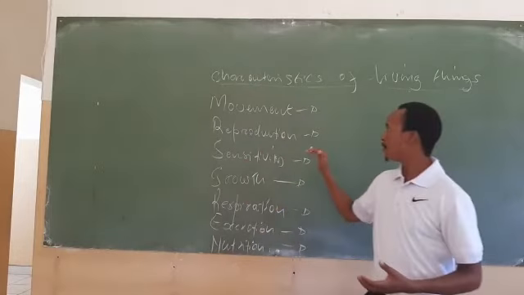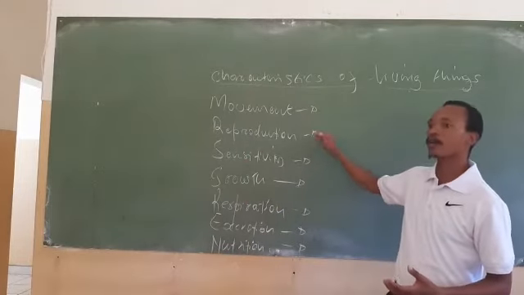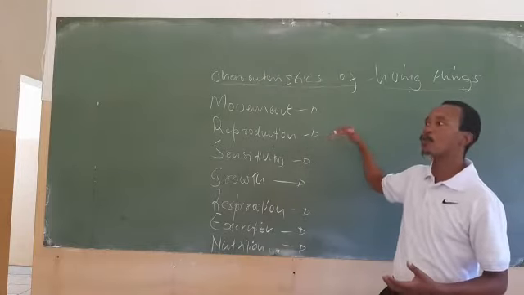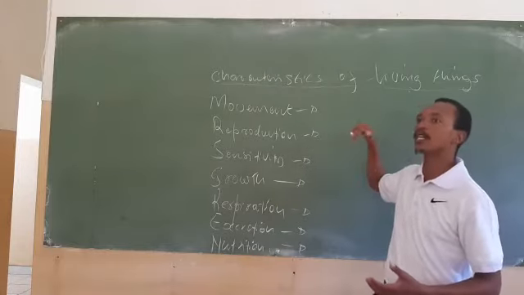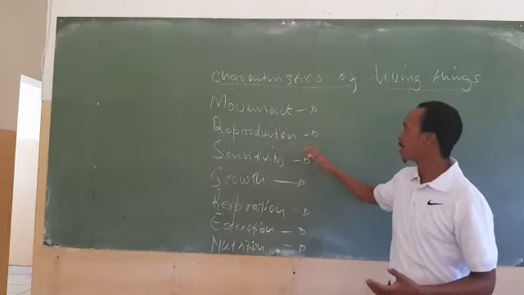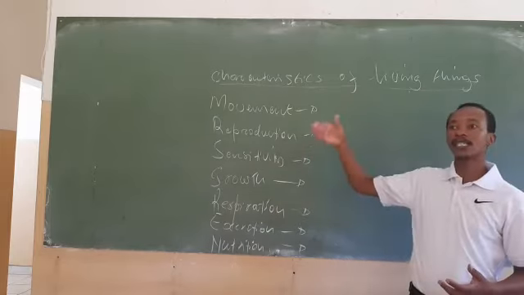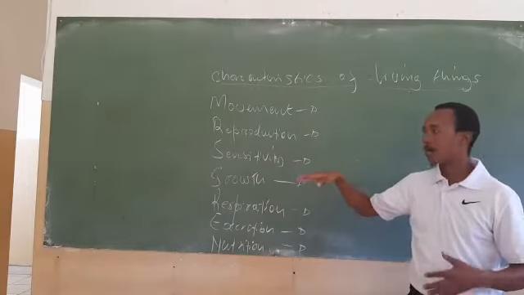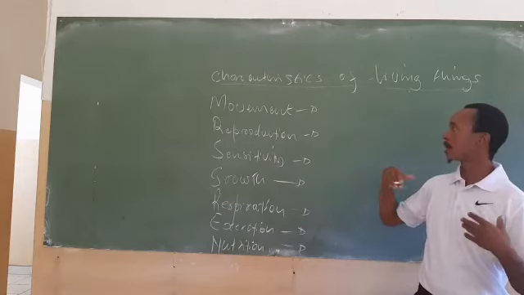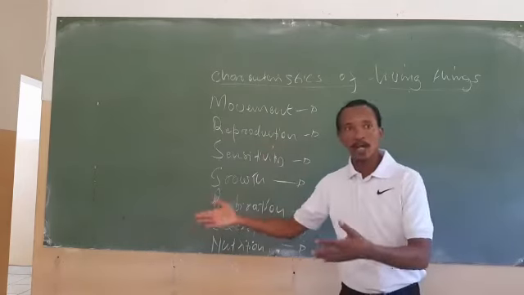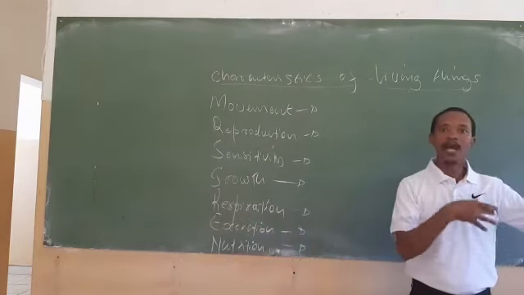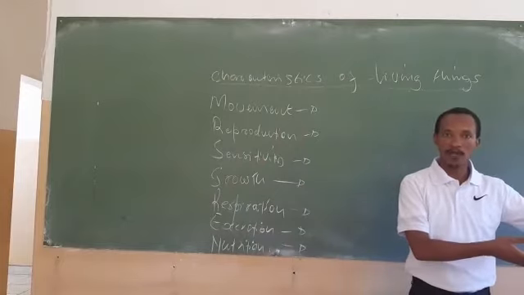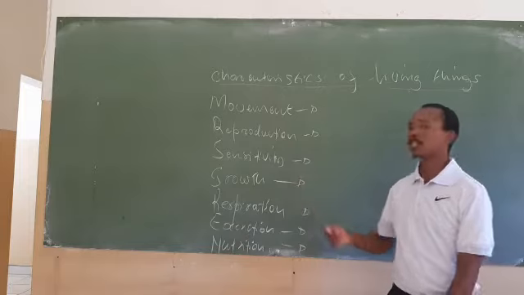So this is the production of an offspring that makes each species to be observed even in the near future. The reproduction might be sexual or asexual. Human beings undergo sexual reproduction, but bacteria and other microorganisms undergo asexual reproduction. Then sensitivity.